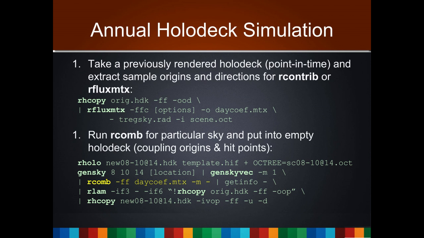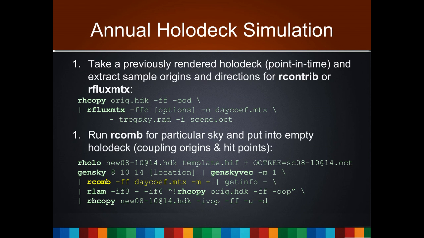RHCopy takes the rays out of a holodeck, spits out the origin and direction, which is what rfluxmtx uses to compute a daylight coefficient matrix, which is really long and has many, many rows in it, because there are many, many rays going in, and uses the Tregenza sky description and the scene description that's associated with that holodeck. And then we can run RCOM for a particular sky and replace the rays in the holodeck.